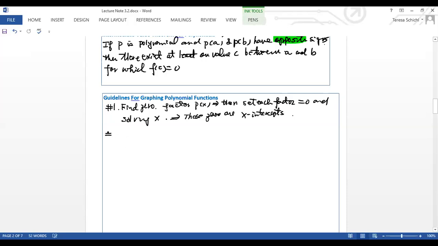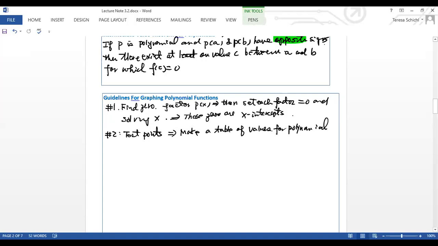Then the next thing is we're going to find a few test points. You need to find a few test points to help you. So basically you want to make a table of the values for the polynomial.